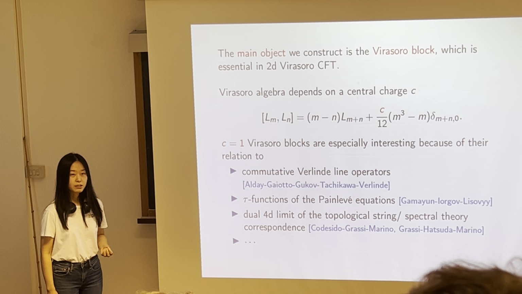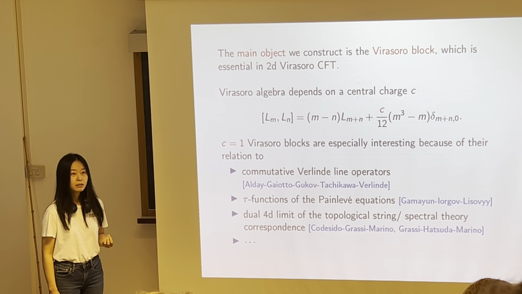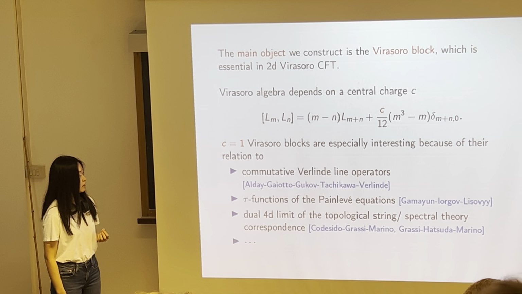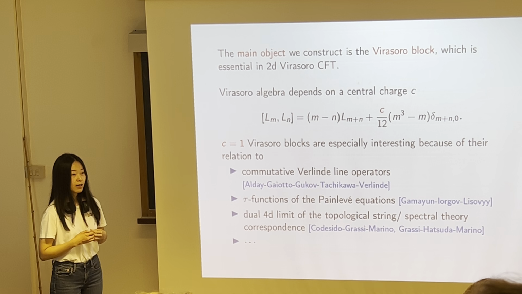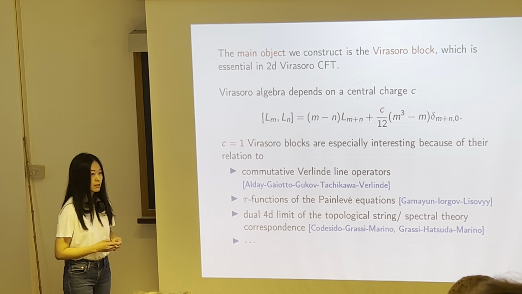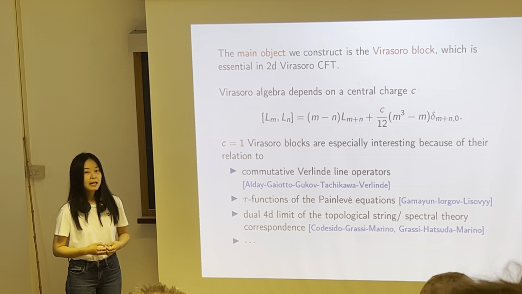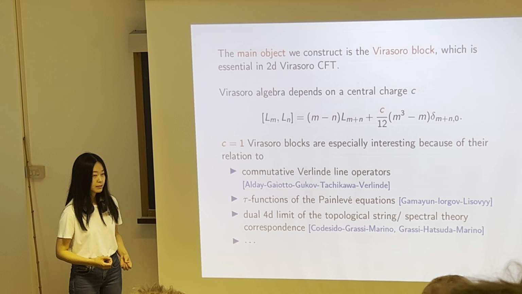The c equals 1 Virasoro blocks are especially interesting for the following reason. The first one is that the Verlinde line operators are not always commuting with each other, but at this special point, they are actually all commuting, so we can diagonalize them simultaneously and arrive at a one-dimensional subspace.